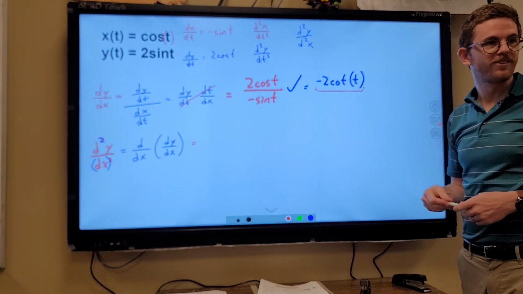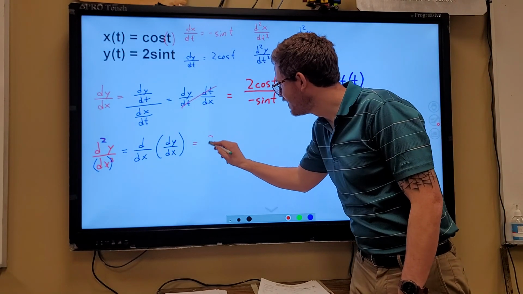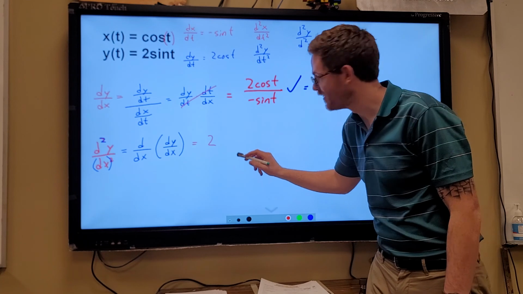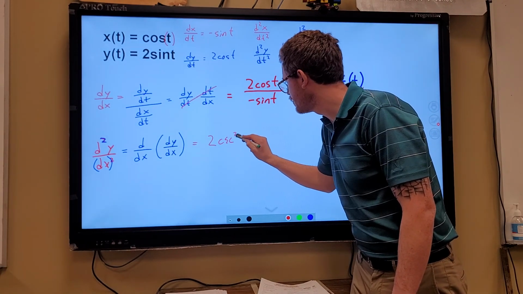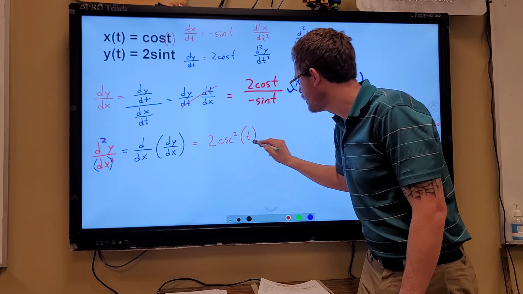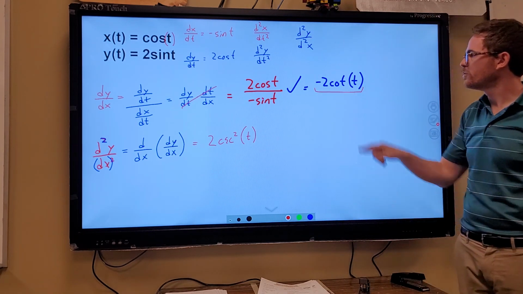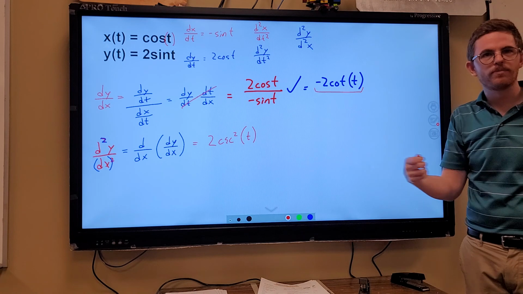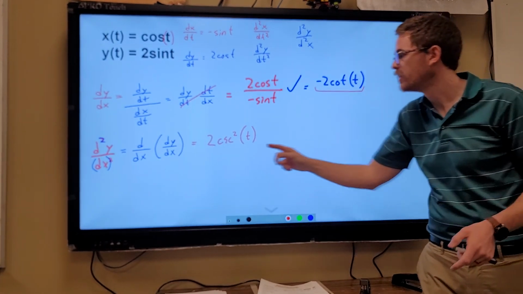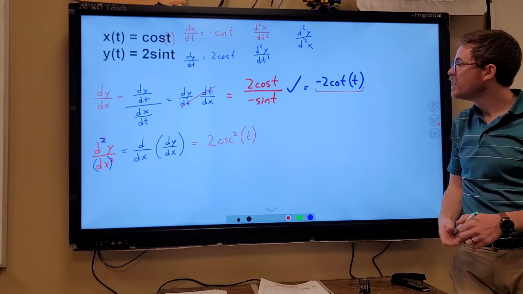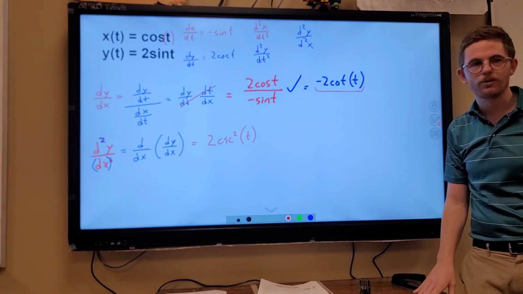Remember what derivative of cotangent is? It's negative. So the derivative of the trig functions that start with a c, those derivatives are always going to be negative, so I know it's going to change my sign. And the derivative of cotangent is cosecant squared.